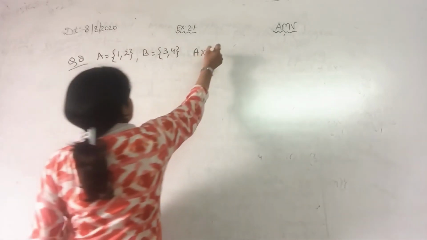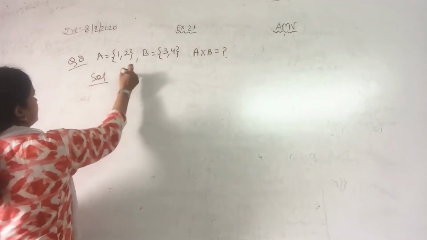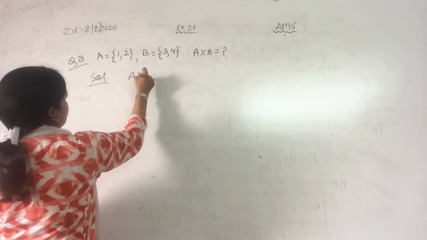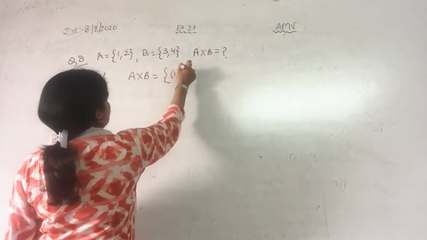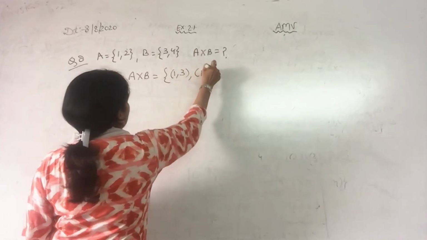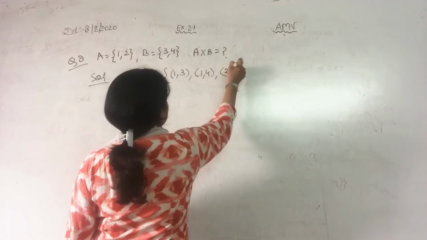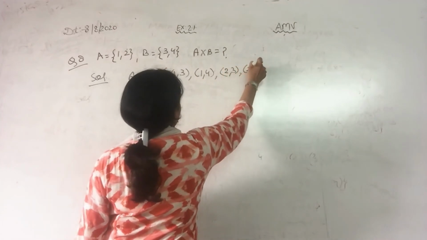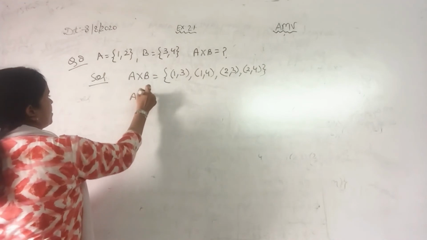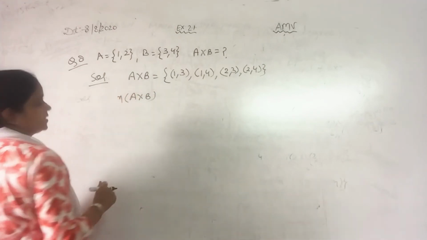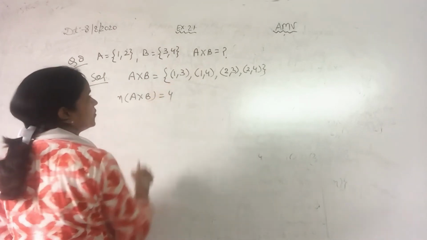Okay, so first of all, find Cartesian product AB. Very simple, start from set A. So it's 1, 3, here 1, 4, and now take 2. So it's 2, 3 and 2, 4. Okay, now the number of elements in Cartesian product of AB, these are 4.